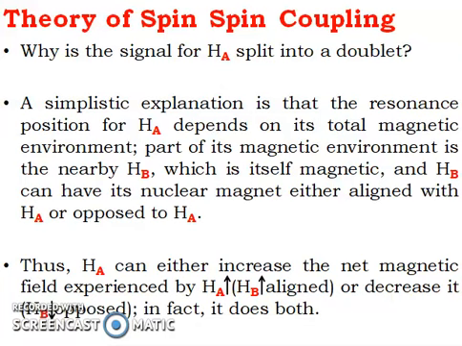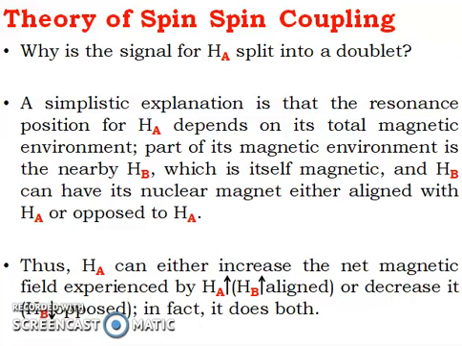Thus, the net magnetic field experienced by HA can either increase due to the alignment of the HB proton, or decrease due to the opposition offered by the spin of the HB proton, or in fact it does both.